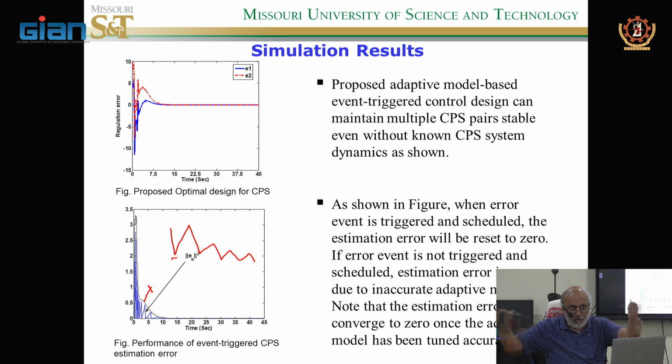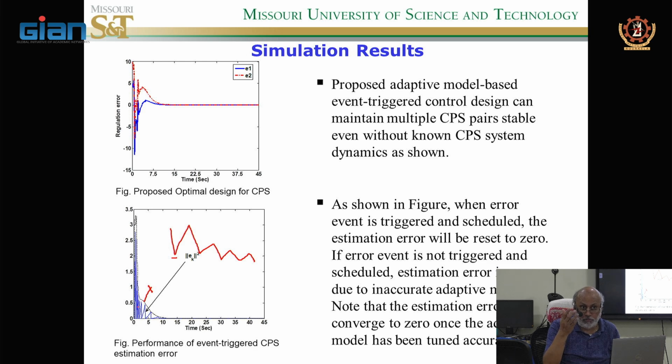You understand that? Initially, the number of event-triggered sampling instances will be equal to the periodic sampling instances. Why? I already explained that. It's an open loop, but why?